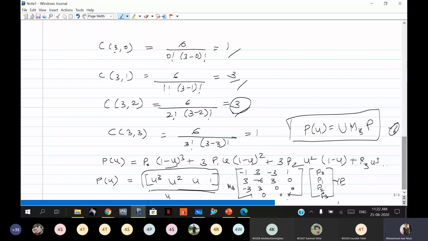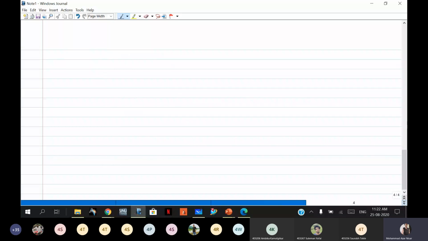Okay, so I have a simple problem over this. In the problem given in the examination, they will ask you to plot the Bezier curve points.